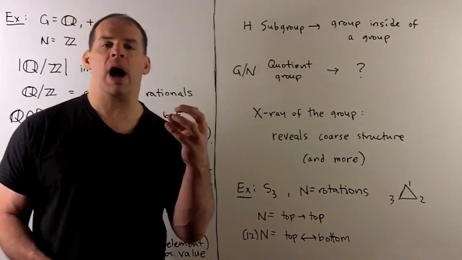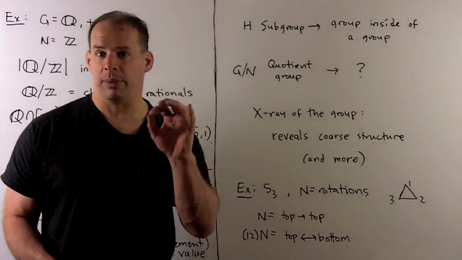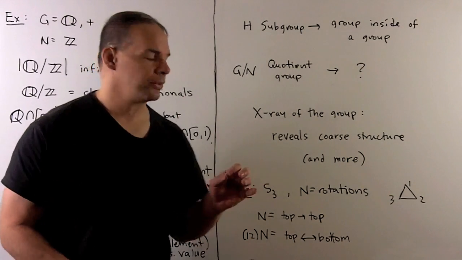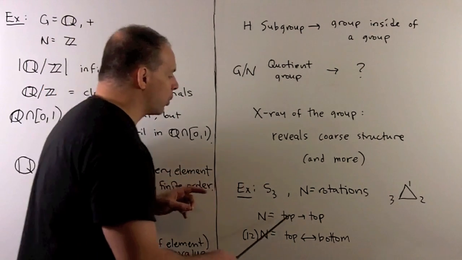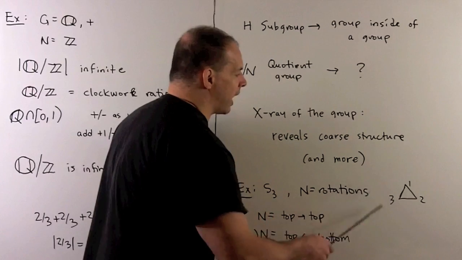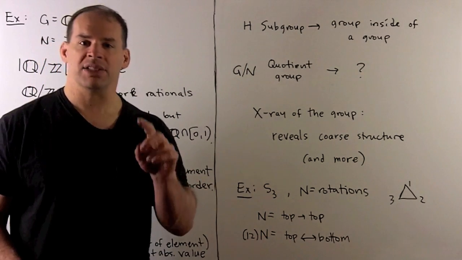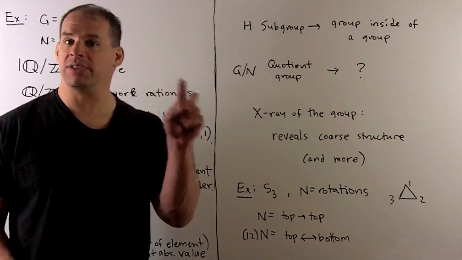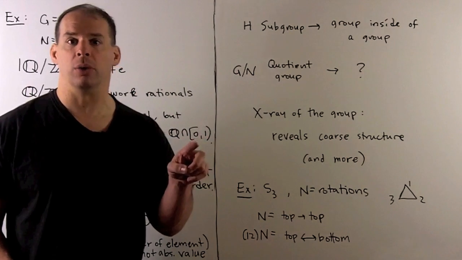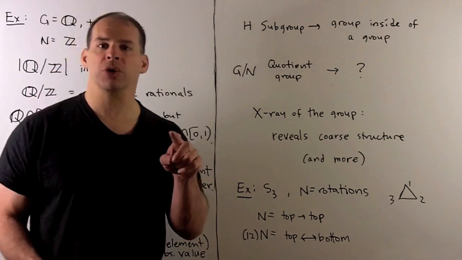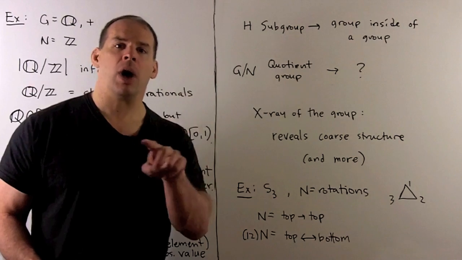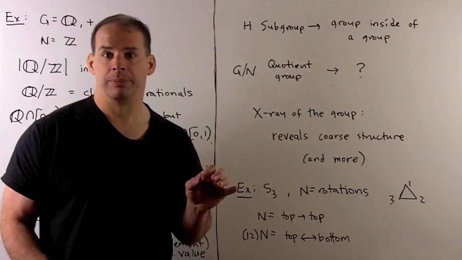What's the quality that links all of these elements in the coset together? Well, if we think about what the rotations are doing to our equilateral triangle, each rotation is going to be a symmetry that sends the top to itself. It leaves the top alone, leaves the bottom alone. So we're losing a lot of structure there, but there is a quality that's being preserved.